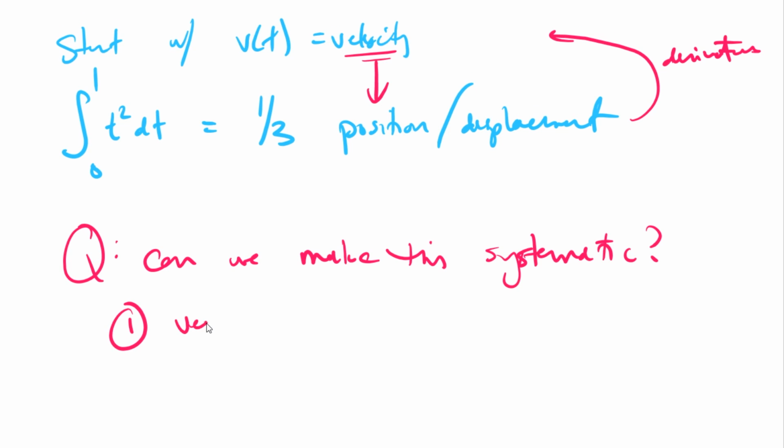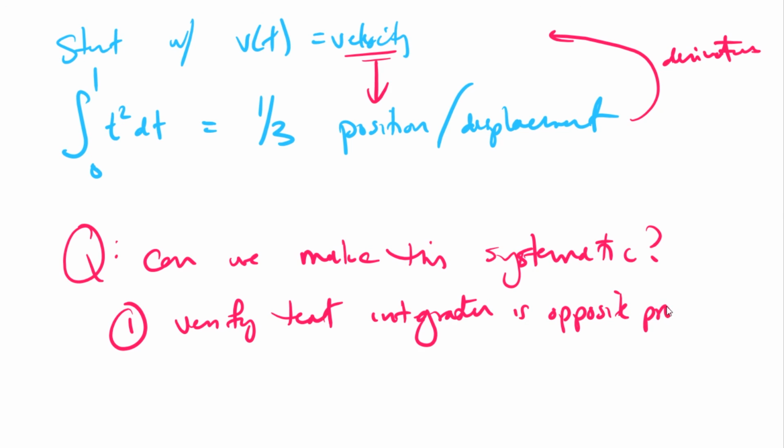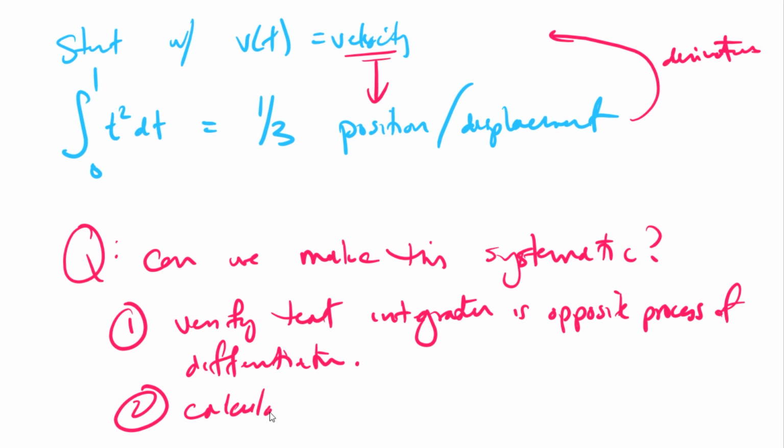First, we need to verify that what we just did is the opposite process of differentiation. And the second thing we need is a way to actually do calculation without having to use limits all the time. Because I don't want to have to do this every time I'm trying to find the area underneath a curve.